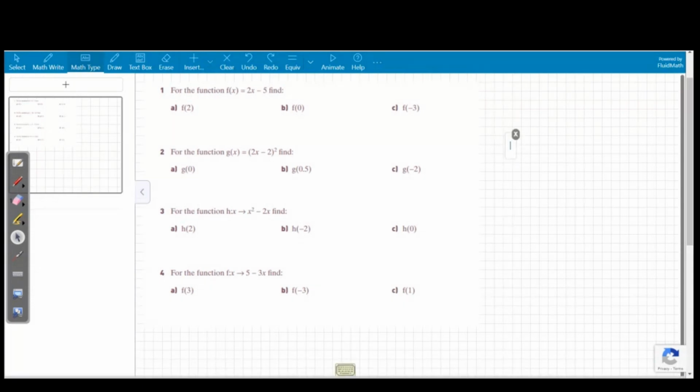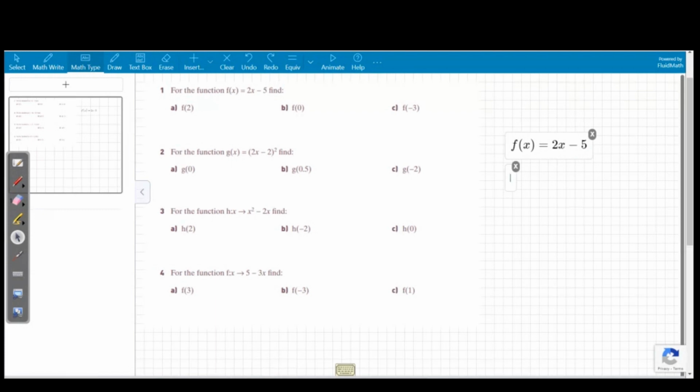In the first question, we have f of x is equal to 2x minus 5. All we need to do here is to plug in the figure 2.